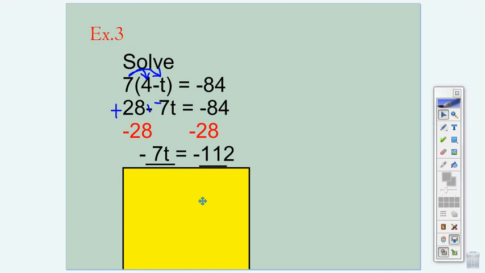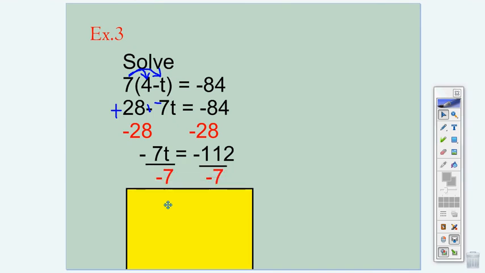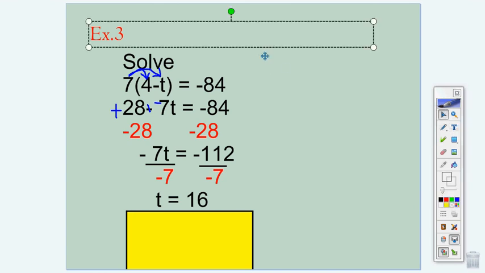So you see where people make two mistakes? One, they told me to add 28. No, I subtract 28. Two, they told me 7t was left. And so I divide by negative 7. What's the answer? 16.